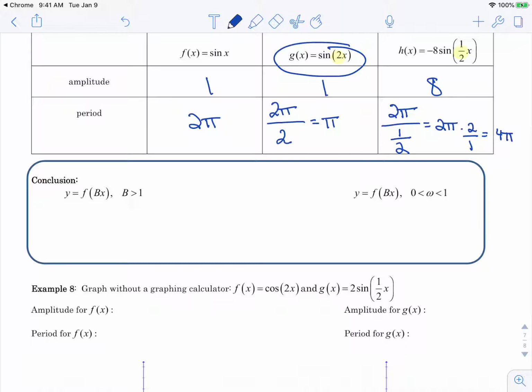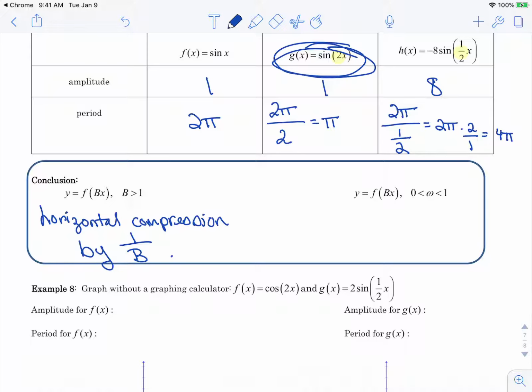So this is a horizontal compression by, this is a little bizarre, 1 over whatever your b is. So for instance, this is a horizontal compression by a half for this one, okay?